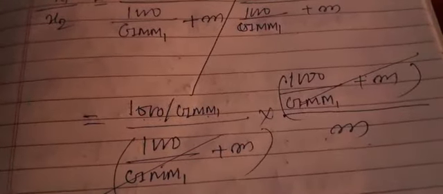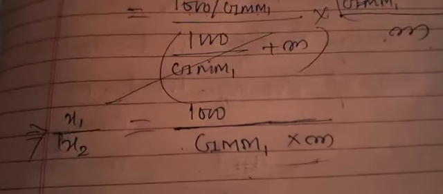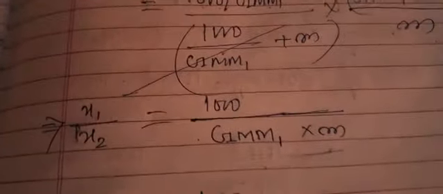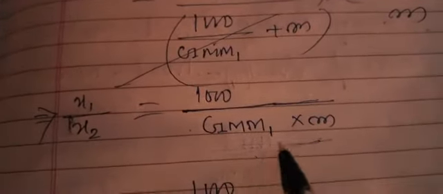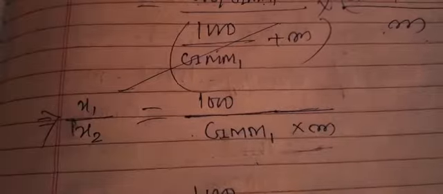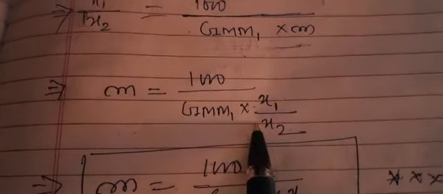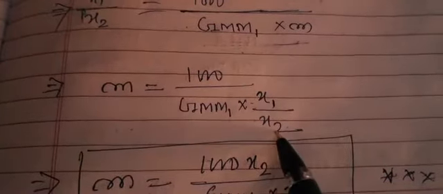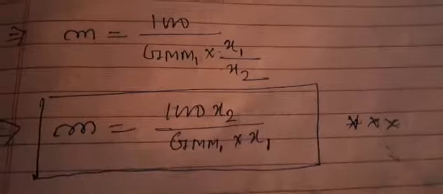So finally you are getting this one. It's a very easy one, appears a shorter formula also, it will take less time to calculate. So now bring this m this side and x1 by x2 this side, crisscross, I got it. Now this x2 will go upside, it will invert. So you got this one.